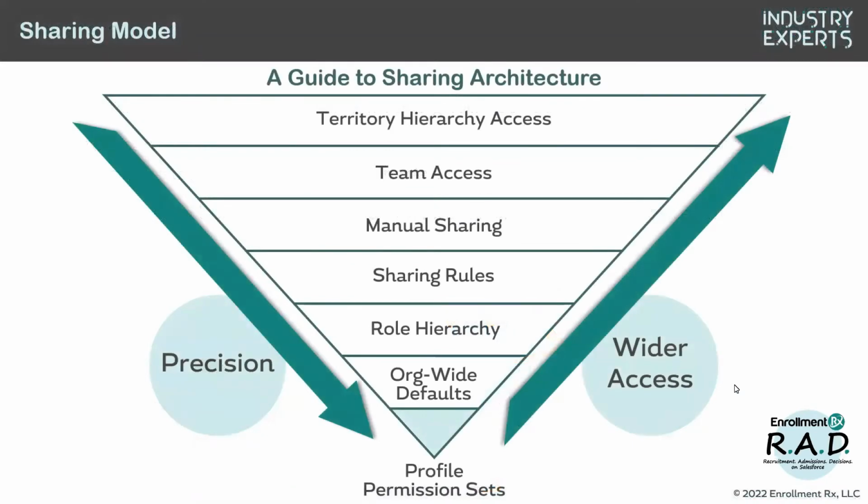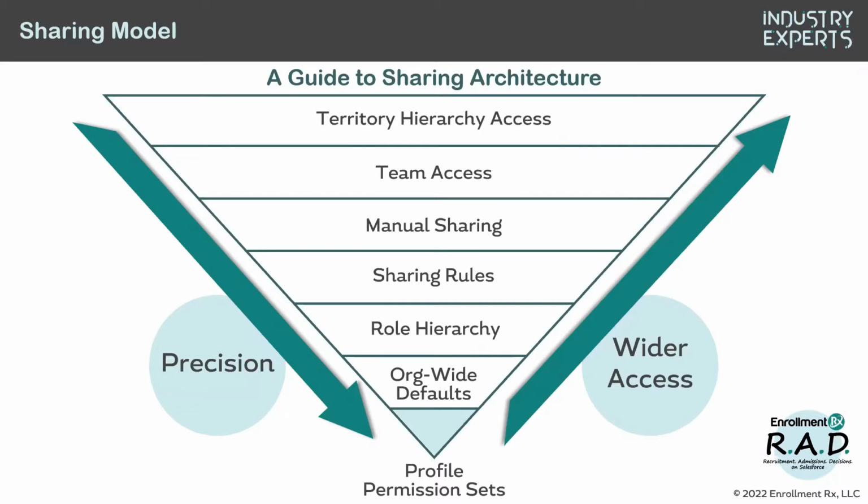Here's a visualization of how we can use Salesforce sharing architecture to restrict record access to your users and how data can be shared to the appropriate members. Configuring the proper organization-wide defaults based on your needs sets the baseline level of access for all of your data. Once that baseline's been established, a well-configured role hierarchy can expand that access to the appropriate users based on the owner of the record.